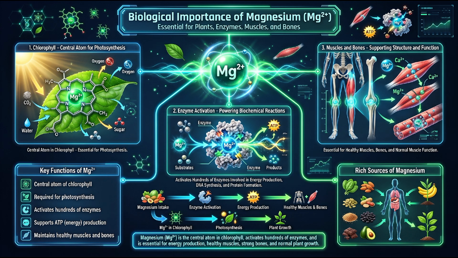These reactions include energy metabolism, DNA synthesis, RNA synthesis, protein formation, cell growth, and cellular repair. Without sufficient magnesium, many essential metabolic reactions would slow down significantly, affecting the normal functioning of cells and organs.